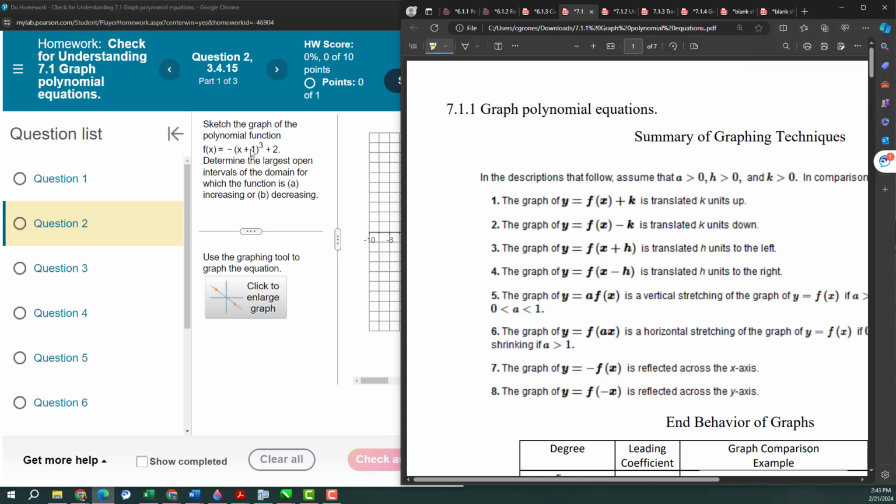We also have some shifts going on, or translations. So we have x plus 1, so we're going to be going to the left. And then at the end we have plus 2, so we're going to be going up.